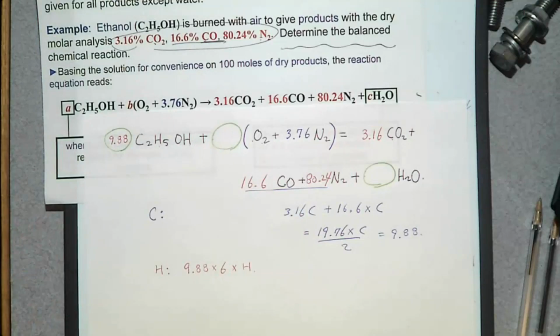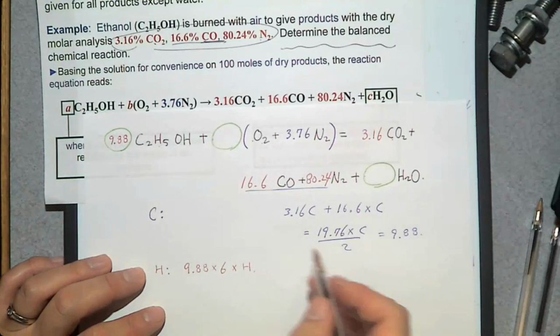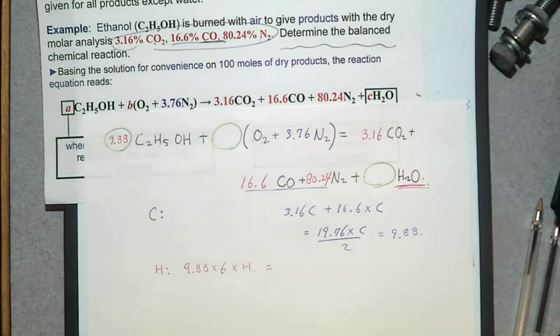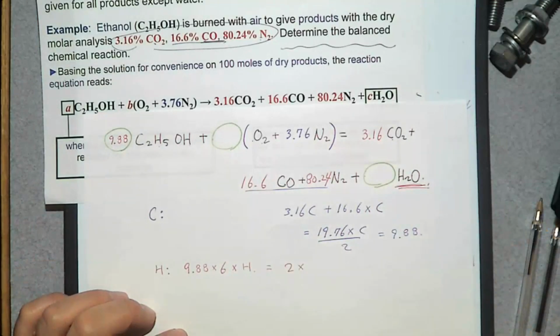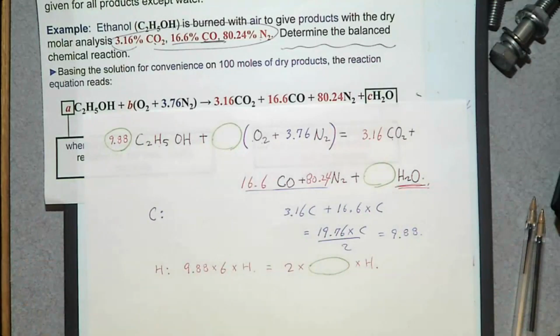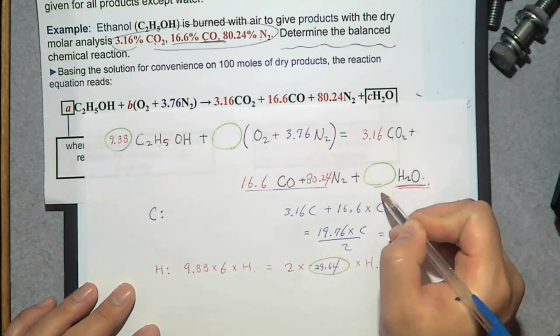So these many hydrogen atoms in the reactant should be the same as, and each molecule of water has 2 hydrogen atoms, so 2 times the number of moles of water. So what's going to be here? 29.64. So that goes in here.